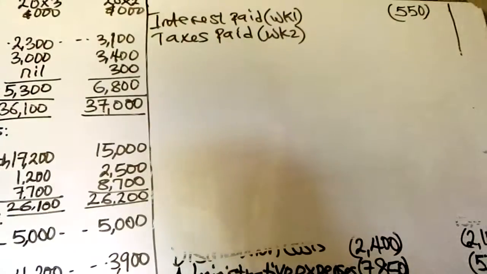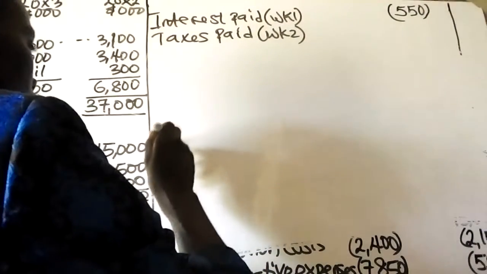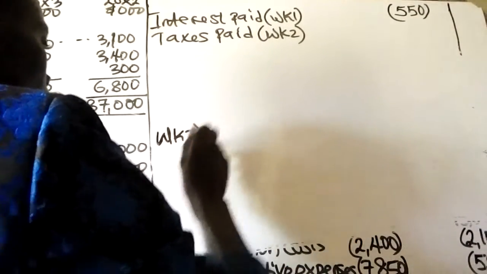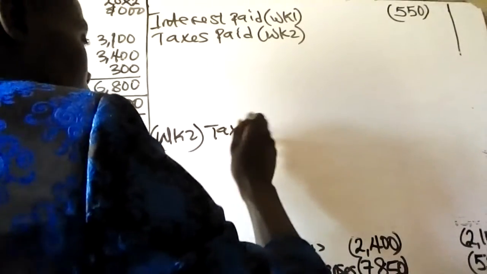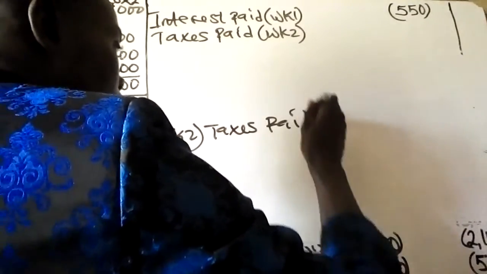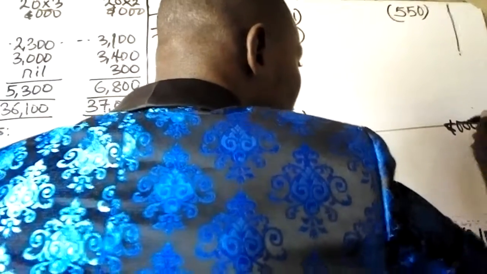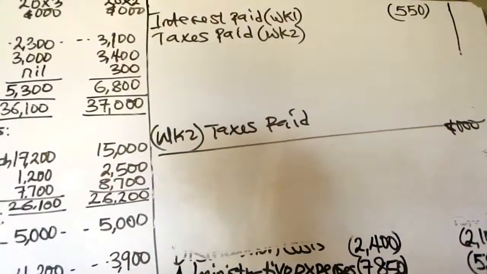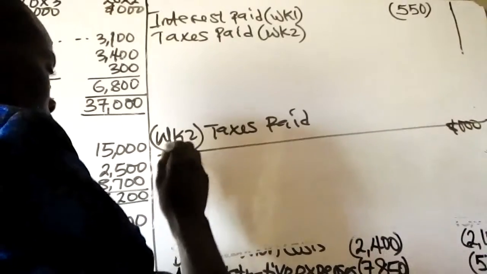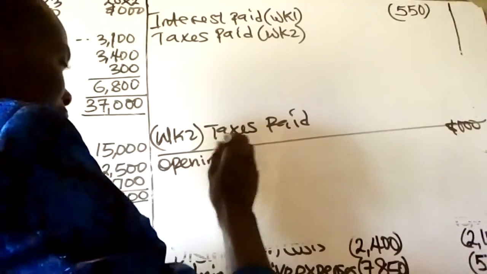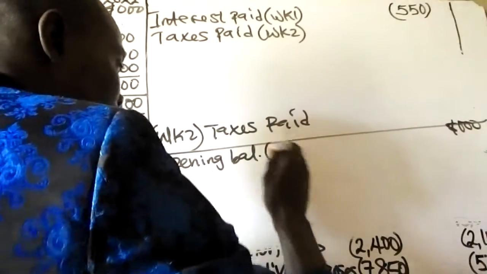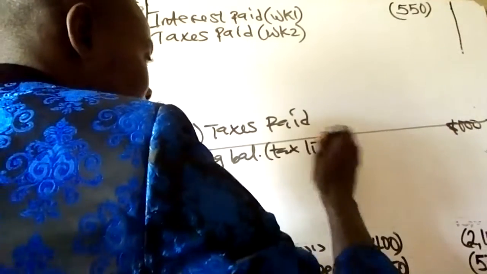So working two, taxes paid. Opening balance, that is of your tax liability.